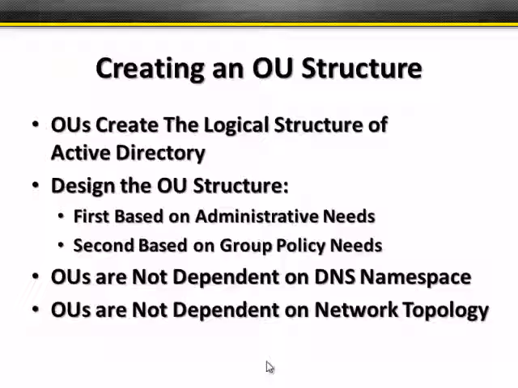There could be multiple sites within a building. So don't mistake that sometimes you might build OUs that seem like they're based on geography, but that's not the overriding reason we're doing it. If we're looking to address geography, we have sites. When we're looking to address the logical structure or the administrative structure, that's where we're going to use our organizational units.